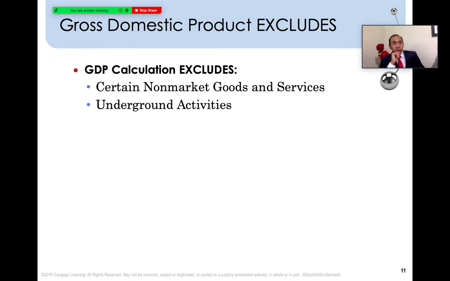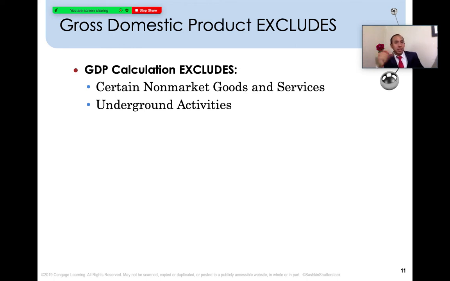It excludes non-market goods and services that are not formally registered, non-market transactions, like in this case, for example, a stay-at-home babysitter that gets paid cash. It may not be included in the market if it's not registered, or any transaction that is not recorded.